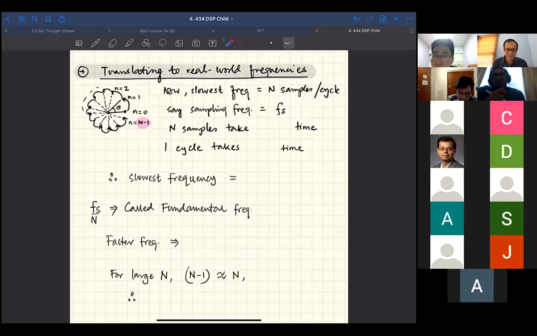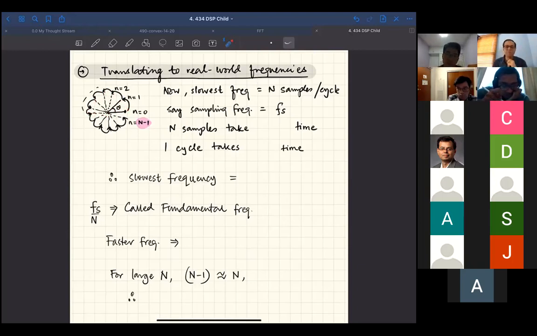But answer me this question. N samples take how much time, once the sampling frequency is Fs? So every time the stick moves, how much time is elapsed? One movement of the stick is how much time?